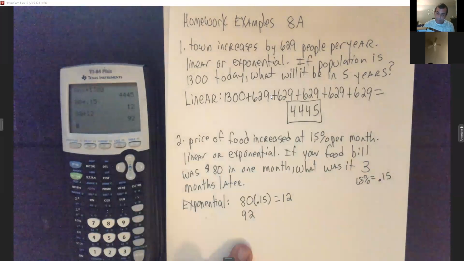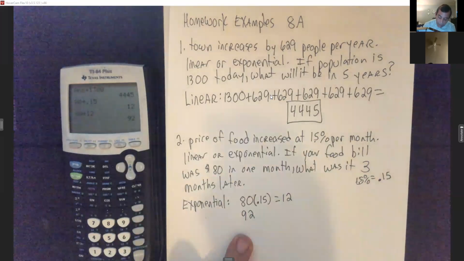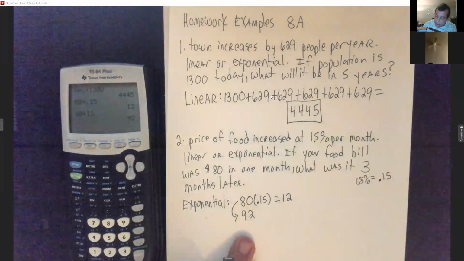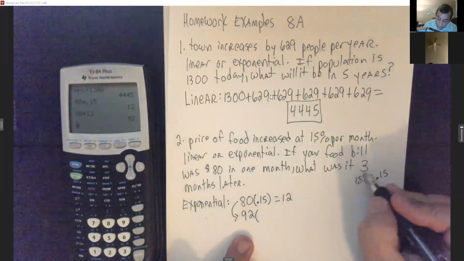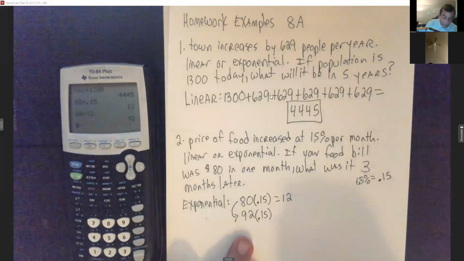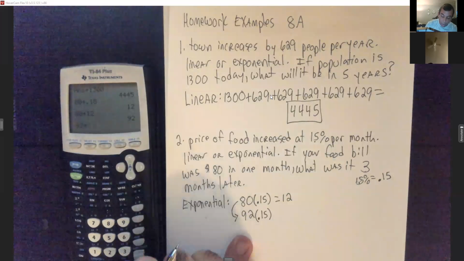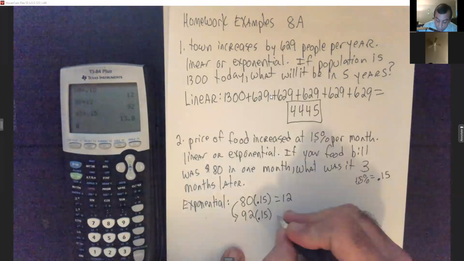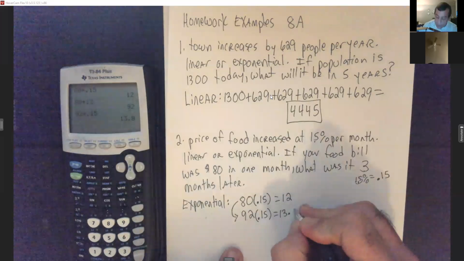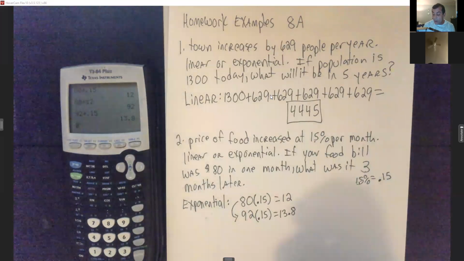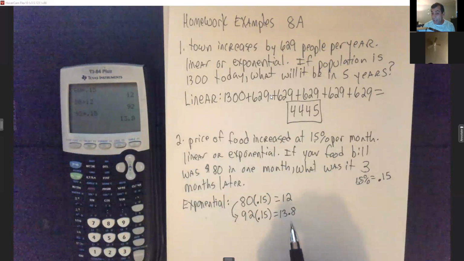Okay, so from the first month to the second month, it went up to $92. Now, I'm doing it for 3 months, so I got to multiply the second month, which was 92. So 92 times 0.15 is going to give me $13, and basically 0.8 is 80 cents. So this almost went up 14 dollars.